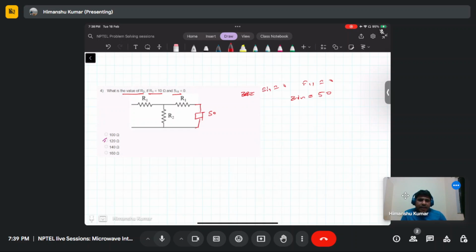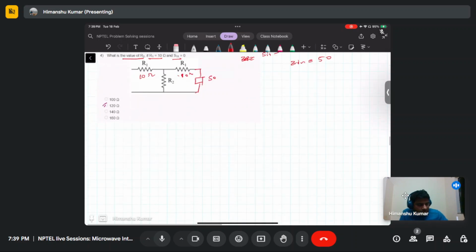If you terminate this line with the 50 ohm impedance and you don't have any reflections, and this is 10 ohm, you can calculate the input impedance as 10 plus, this will become 60, so 60 times R2 divided by 60 plus R2.